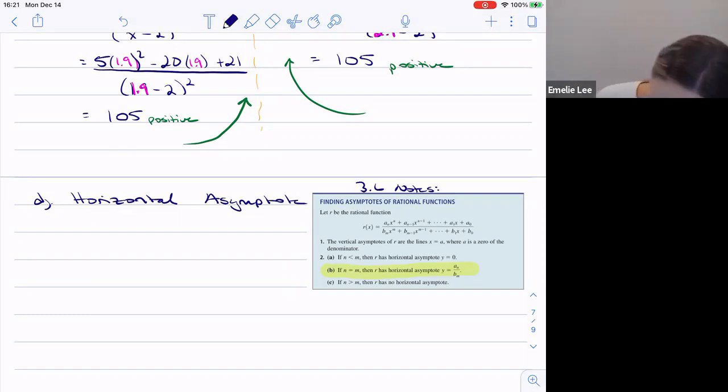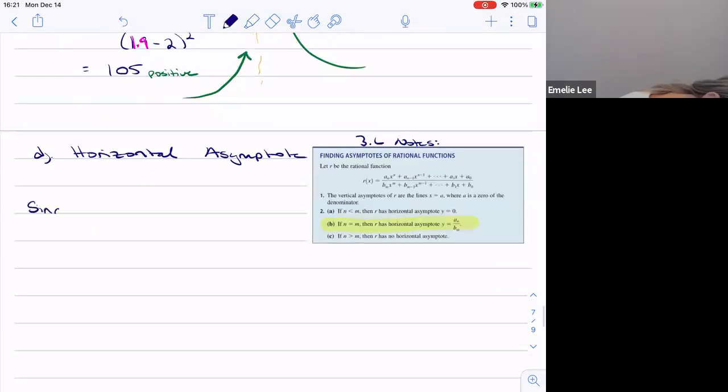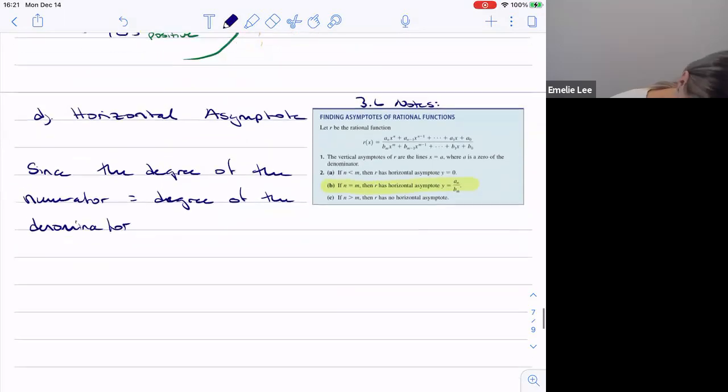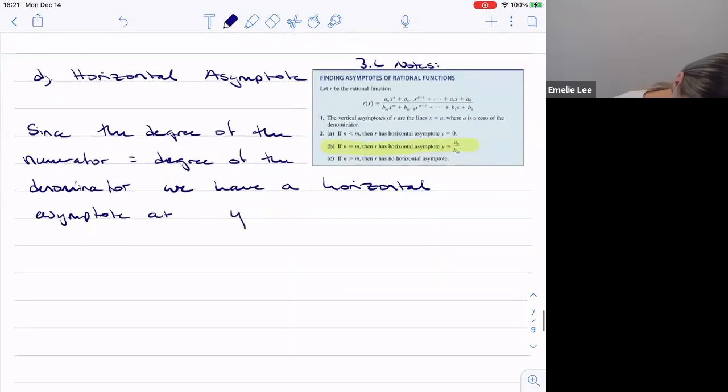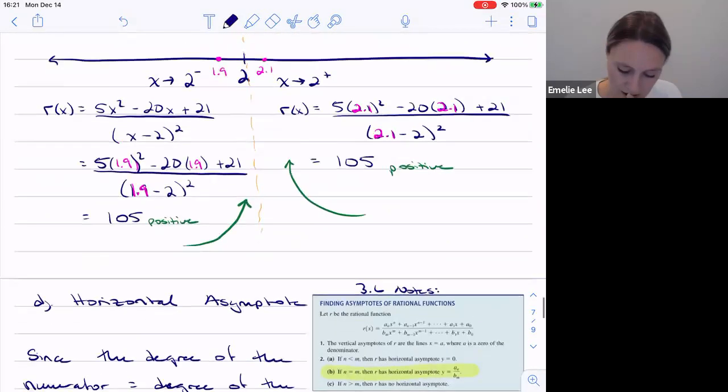All right, so since the degree of the numerator equals the degree of the denominator, we have a horizontal asymptote at y equals, and where is it?